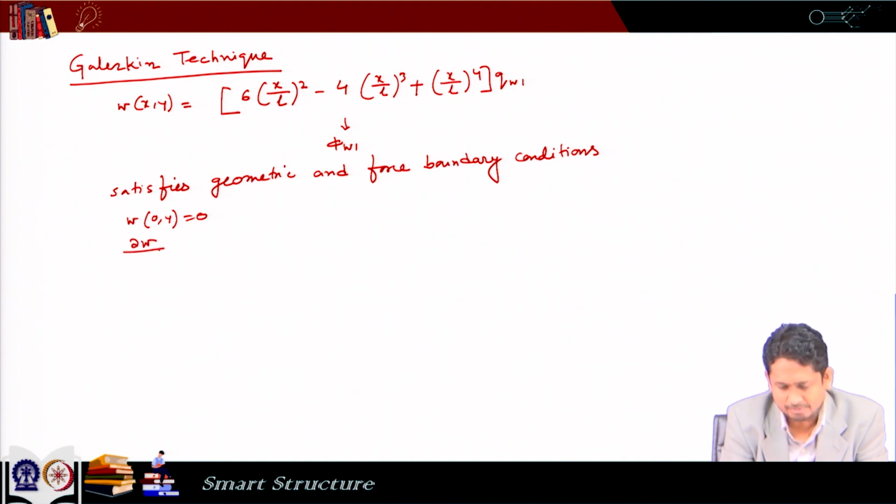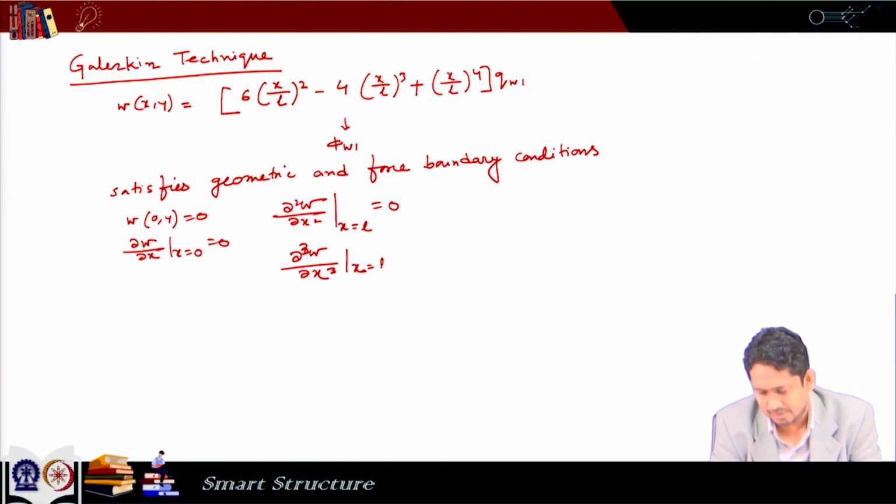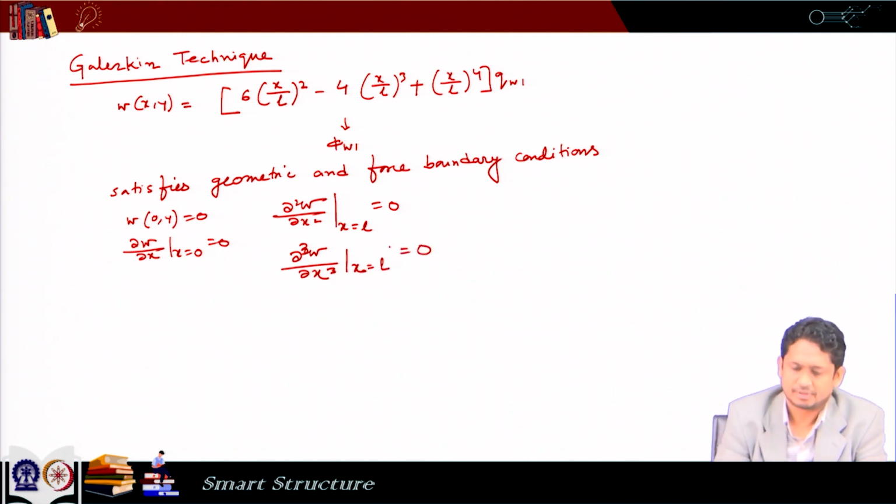Now del W by del x at x equal to 0 is 0, and then we have del 2 W by del x2, it is a cantilever beam. So at x equal to L is 0, and then we have del 3 W by del x3 at x equal to L is 0, and it has the derivatives up to 4th order existing.